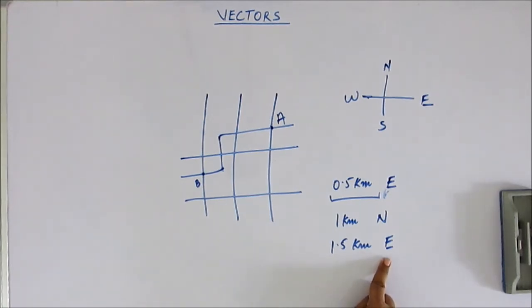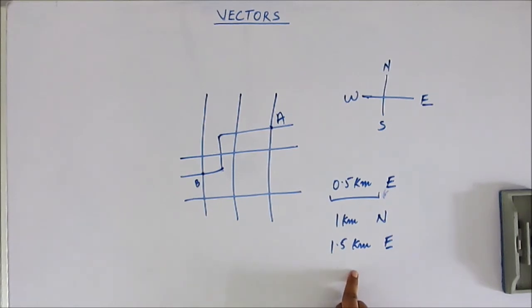Those physical quantities which can be completely described with magnitude and direction are called vector quantities. Parallel to that, we'll define scalar quantities. Scalar quantities are those which do not require direction along with magnitude for completely defining that physical quantity.